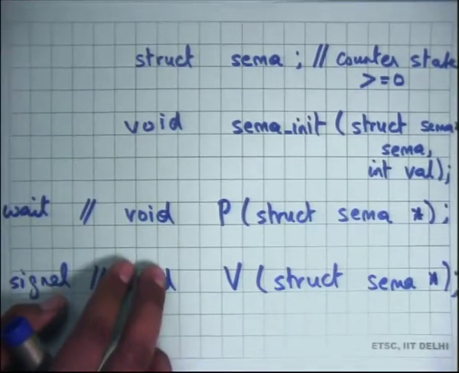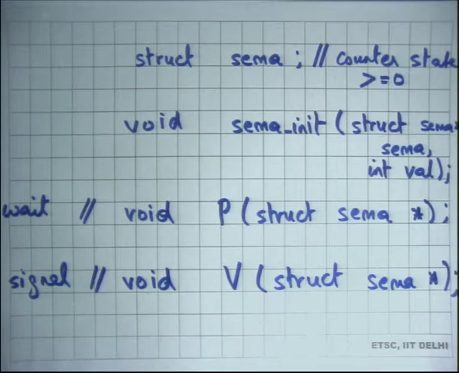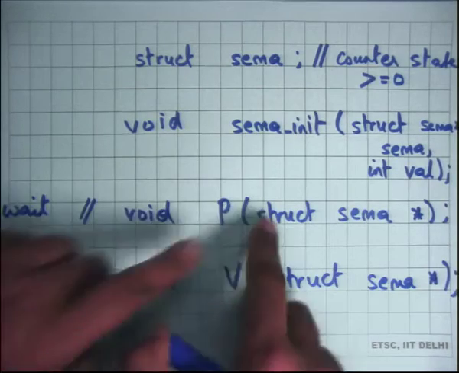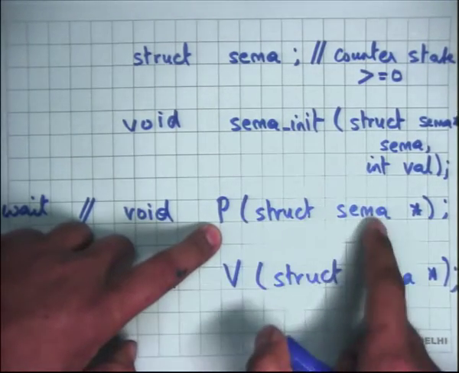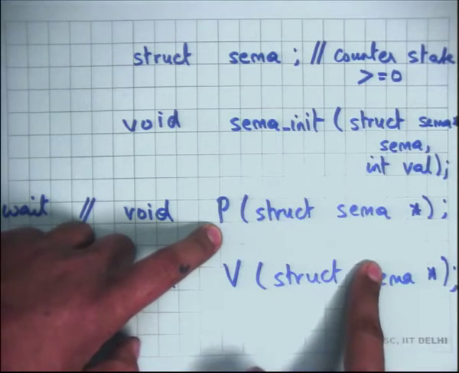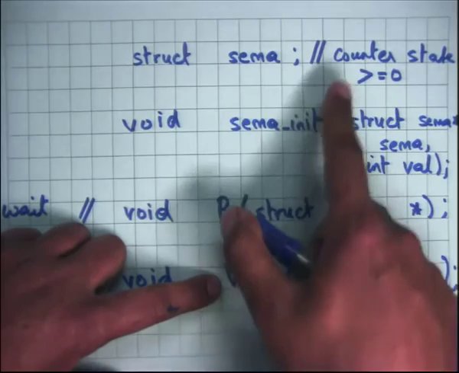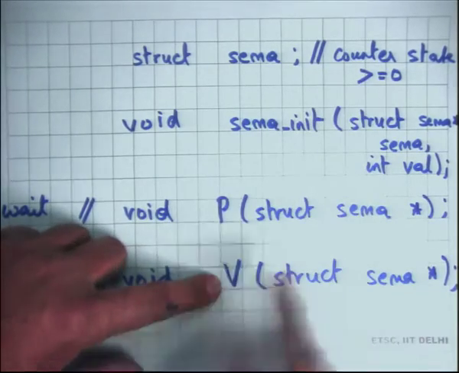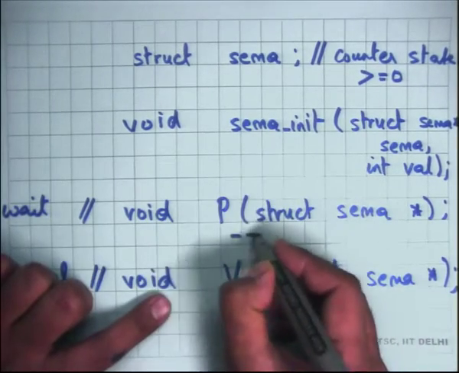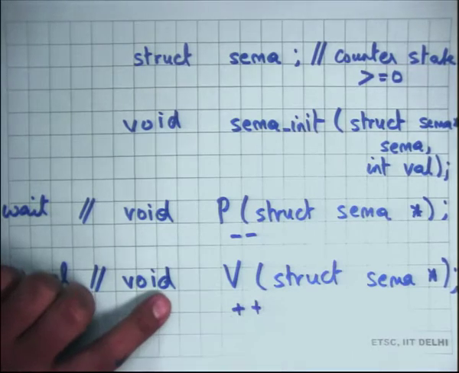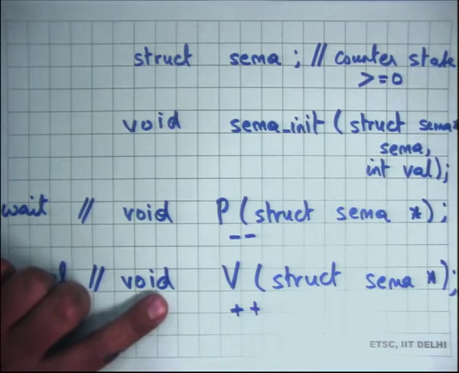All right. So p's semantics are that it will decrement the counter of the semaphore by 1, right? And v's semantics are that it will increment the counter of the semaphore by 1, right? So this is a minus minus operation, and this is a plus plus operation basically, right?